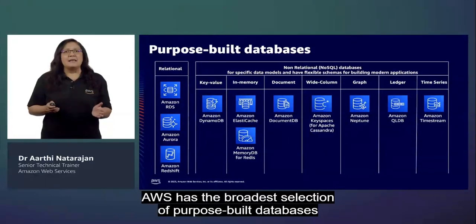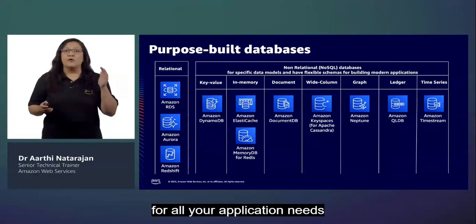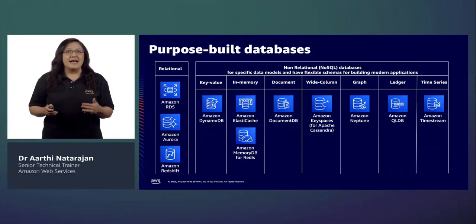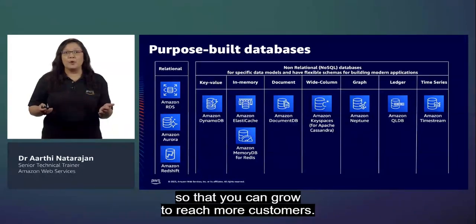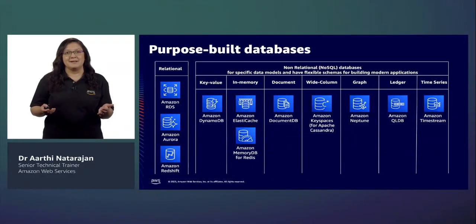AWS has the broadest selection of purpose-built databases for all your application needs and allows you to scale your largest and most complex workloads so that you can grow to reach more customers.